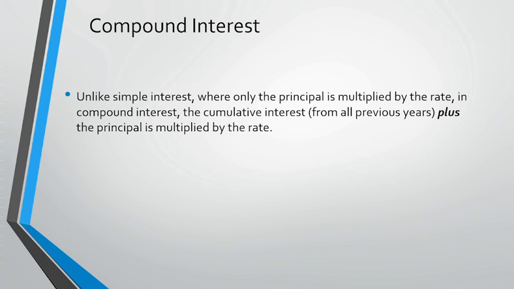That would be the principal, and then you would multiply that total by 10% to get $110 of interest for the second year. And for year 3, you would add that $110 to the $1,100. That would be $1,210. Multiply that by 10% to get $121 of interest for that year. Add that to the previous sum, and so on.